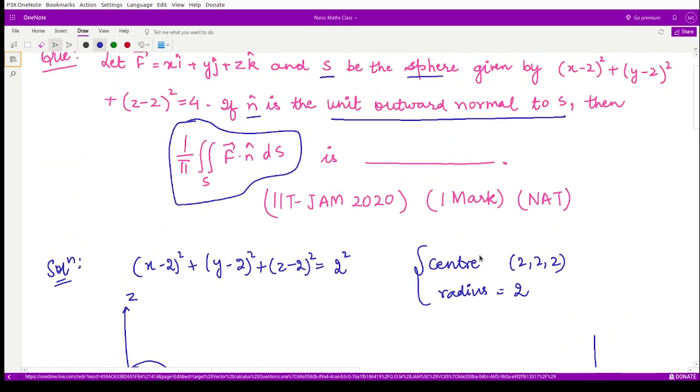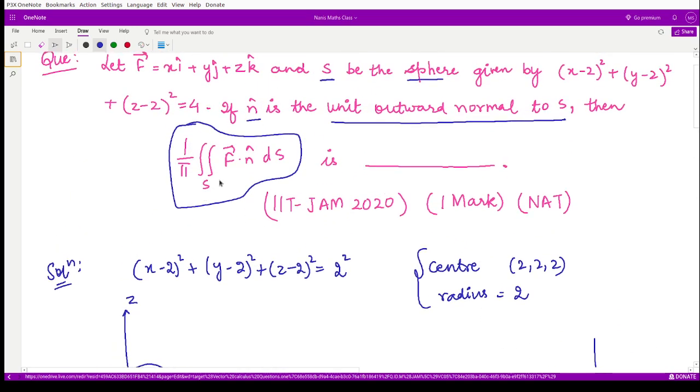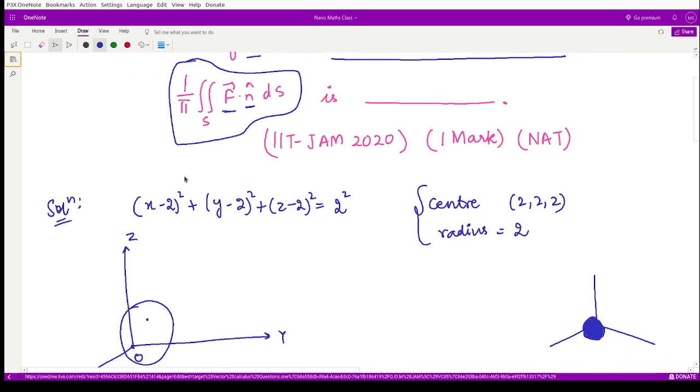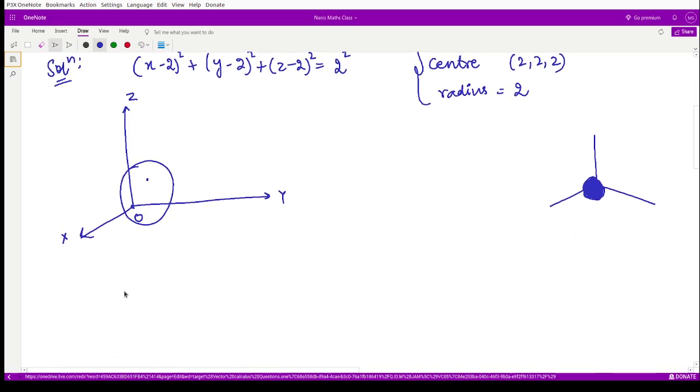So in this case you are required to calculate the surface integral of this vector f dot with the unit outward normal, dS, multiplied by 1 upon pi. So let us do that. So here we can use Gauss divergence theorem.